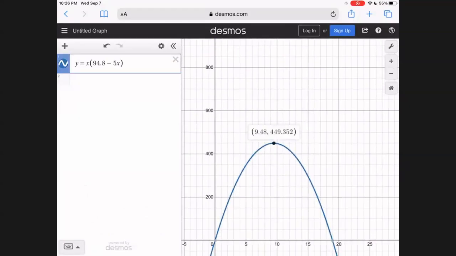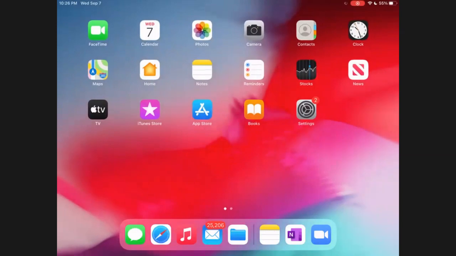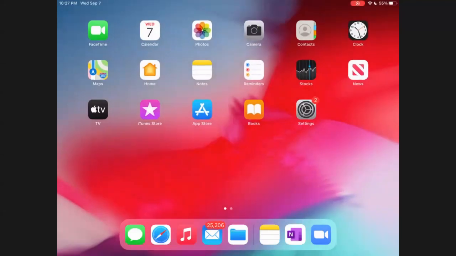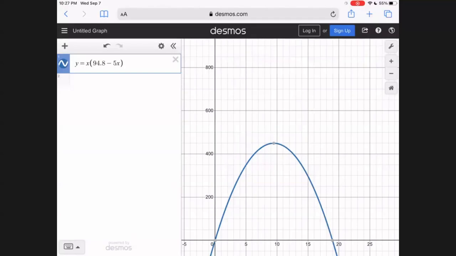And then we click on it, we see our max is at 9.48 and then 49.35. Okay, so let's go over here. So we got that the vertex for this is 9.48, 49.35. Okay.